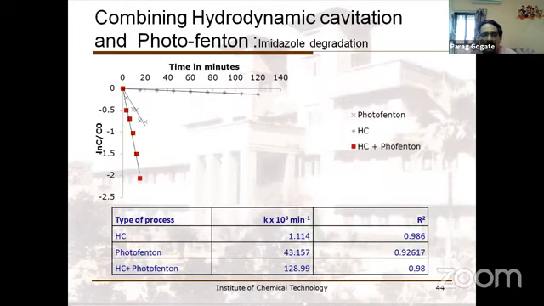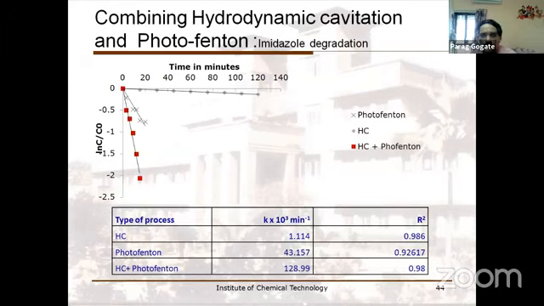But beyond that, if I want to also include photo, meaning UV irradiation, then it's not very significant, because HC plus photo-Fenton is also giving you a rate constant of about 128 or 130. But the earlier case with only Fenton was giving higher.